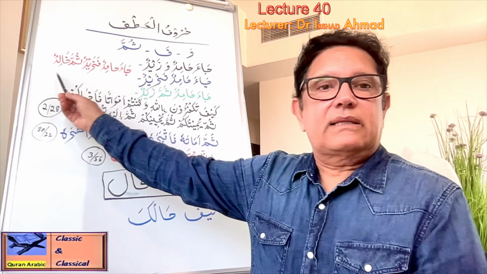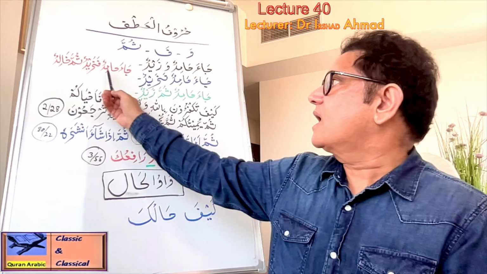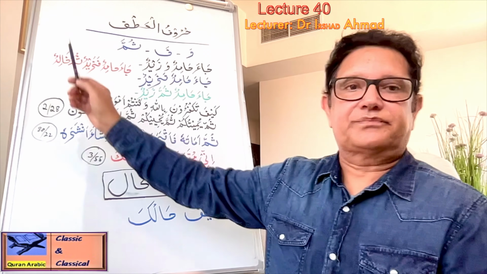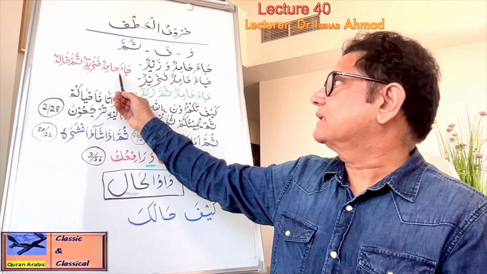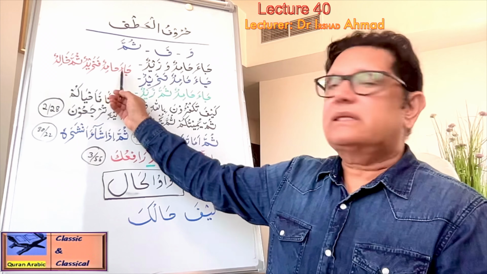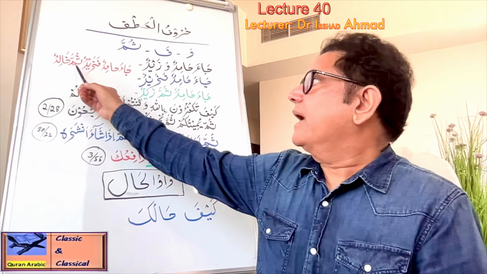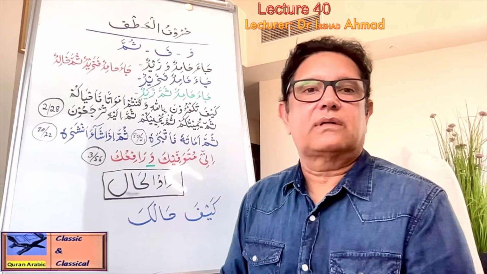Let's also look at how we are going to translate this. For example, we say Ja'a Hamidun fa Zaidun summa Khalidun. We can translate it this way: Hamid came, soon after that Zaid followed, and a significant time later Khalid arrived.